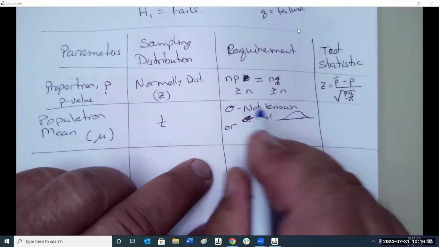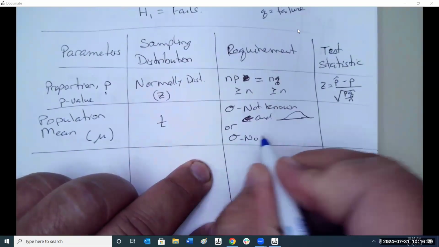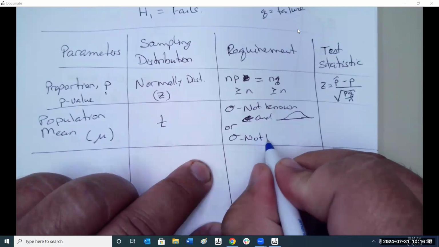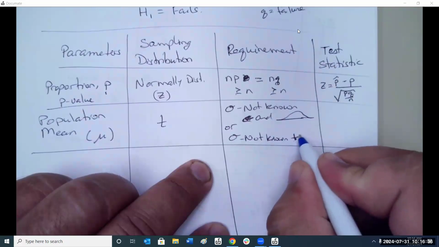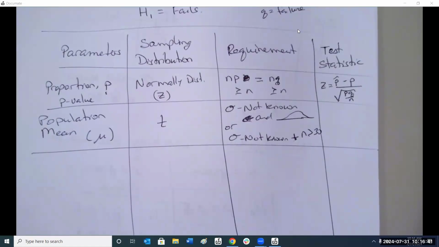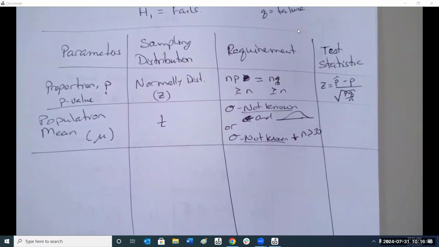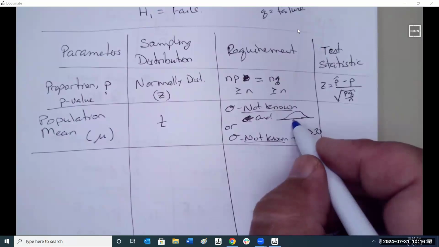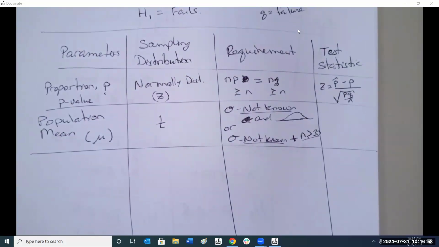Or if that's not what you have, then again, we don't know the population, and n is greater than 30. So we have a large data set. But in both cases, we know nothing about the population. So it's either normally distributed or the sample size is large if we don't know the population deviation.